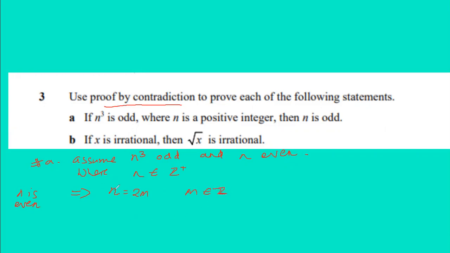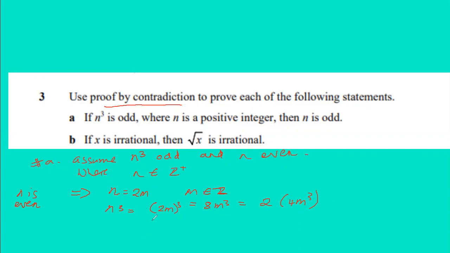That means n cubed is equal to 2m cubed, which is 8m cubed, which is 2 bracket 4m cubed if we factorize it, which is even. So this is even, therefore it's a contradiction, and it means that n has to be odd.